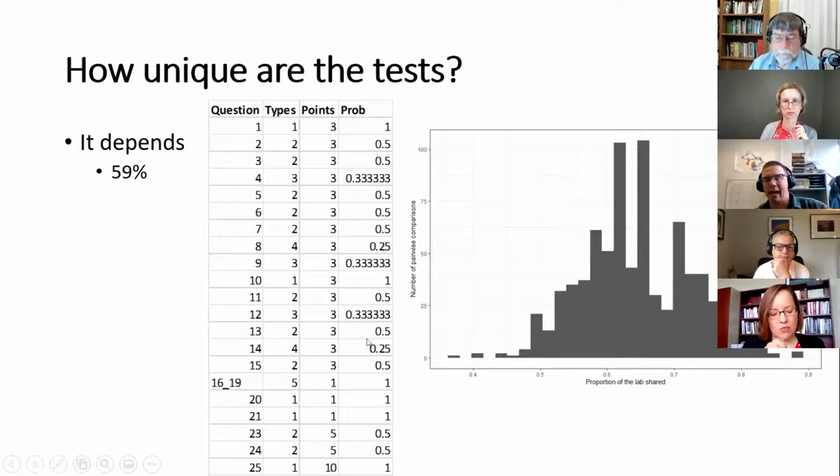So really it's the average of all these probabilities, which is 59%. And I ran a little simulation to look at the variation around that mean. For the most part, most students had 50 to 70% of their tests shared. So it's somewhat unique. It's not completely unique.